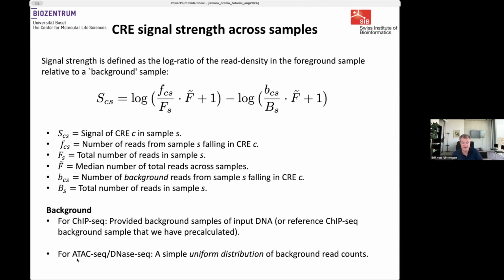Importantly, if this is DNA accessibility data, either ATAC-Seq or DNase-Seq, then there is no such thing as a background, because there is no ChIP signal, it's just cuts of the DNA where it's accessible. We then simply use a uniform distribution for this background, okay? So the background basically plays no role for ATAC-Seq and DNase-Seq. Okay, so this gives us a matrix of how active each CRE is in each sample.